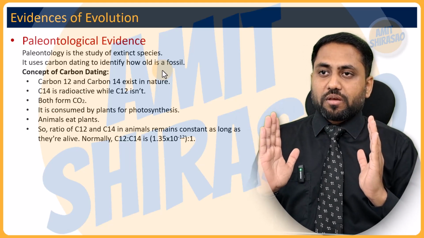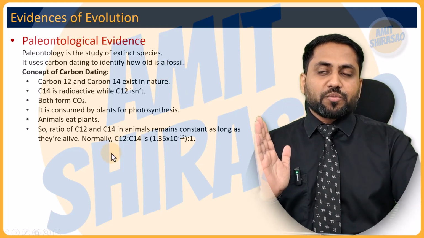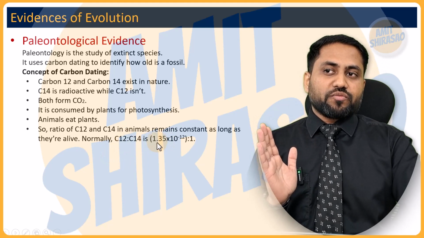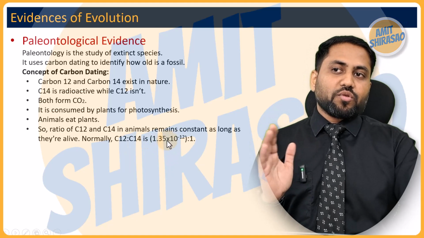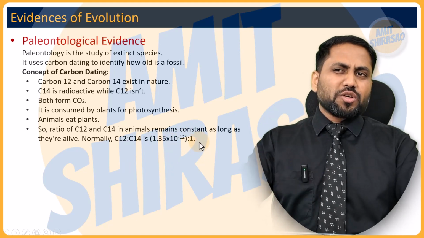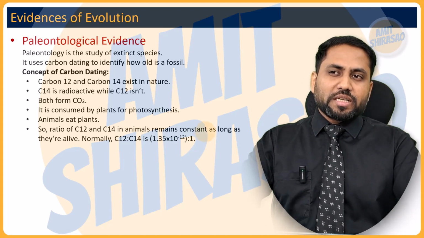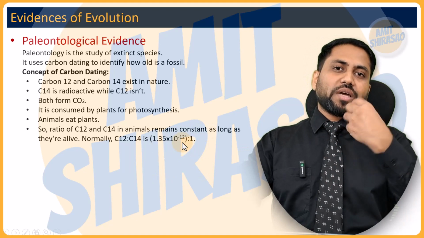As long as they are alive, this proportion stays constant, and this proportion is this: C12 is 1.35 into 10 raised to power minus 12, and C14 is only 1. This ratio is often given as C14 is to C12. Why? Because here 10 raised to power minus 12 is given, so if it is in the denominator, then the value will be positive.